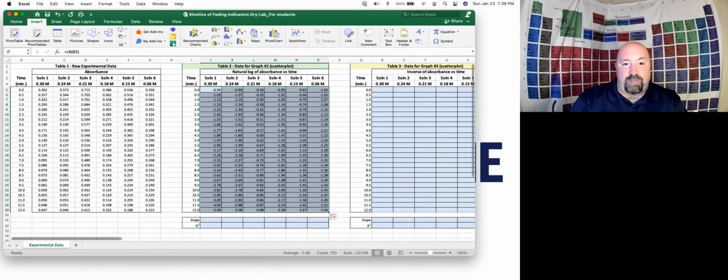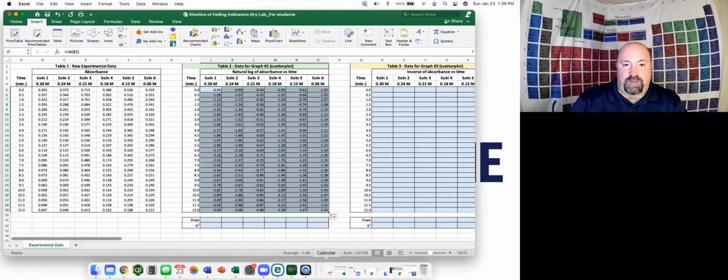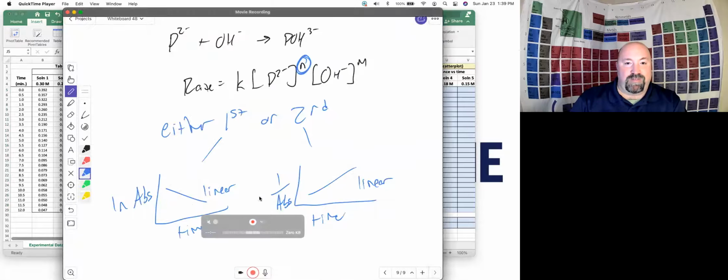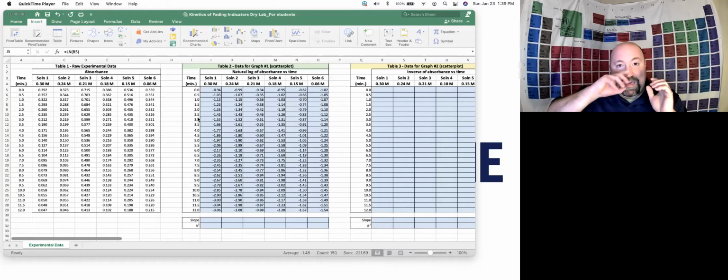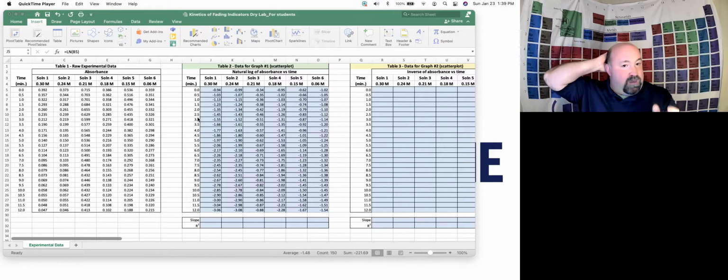Again, remembering that what I want ultimately is to be able to compare these two graphs. We're working on this one right now. I want to compare those two graphs and see which one is linear. We're using 6 different solutions for this, so we're going to look at each of these graphs.